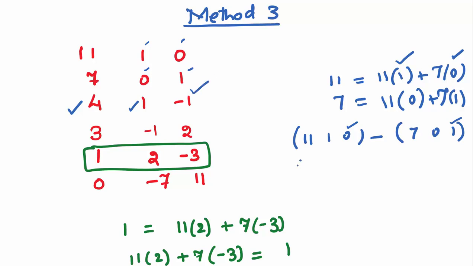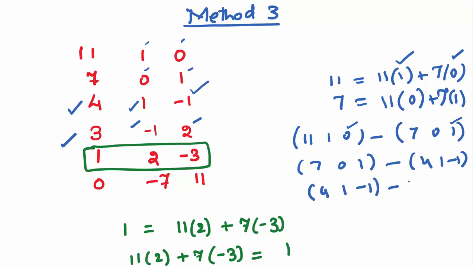Now, you will subtract the coefficients 4, 1, minus 1 from 7, 0, 1. This will give us 3, minus 1, 2. Repeat the same thing. Now subtract 3, minus 1, 2 from 4, 1, minus 1, which will give us 1, 2 and minus 3. Now this is where we stop.